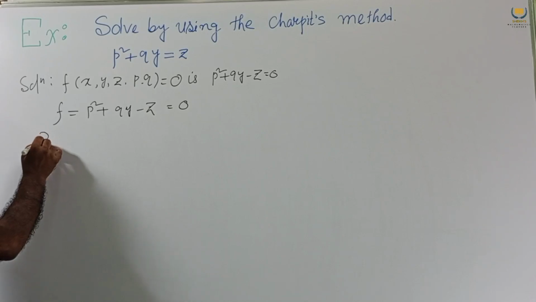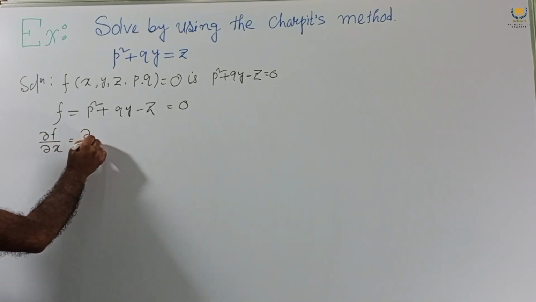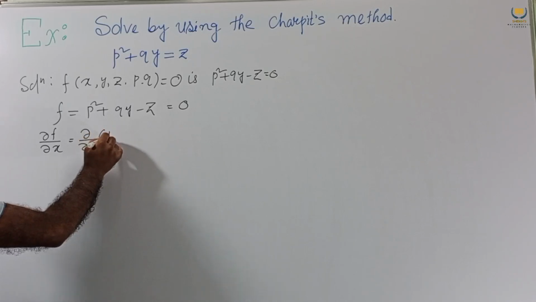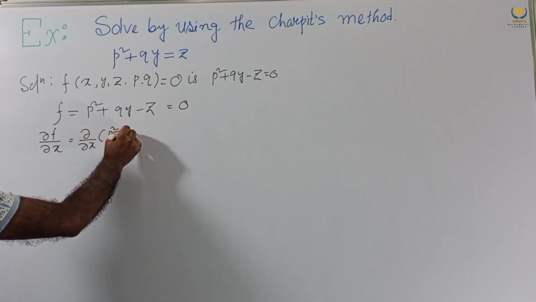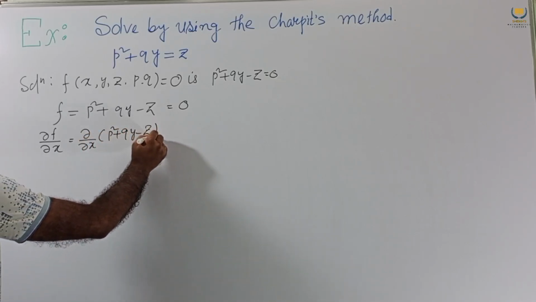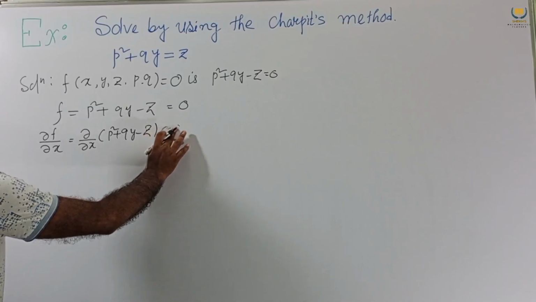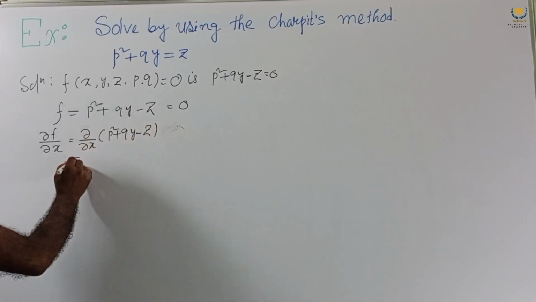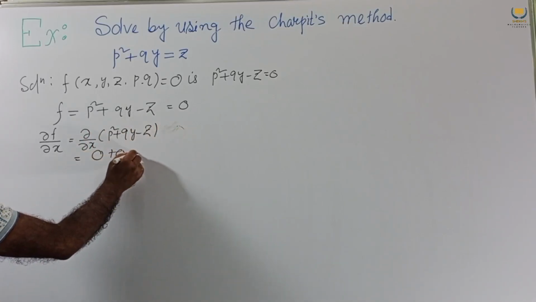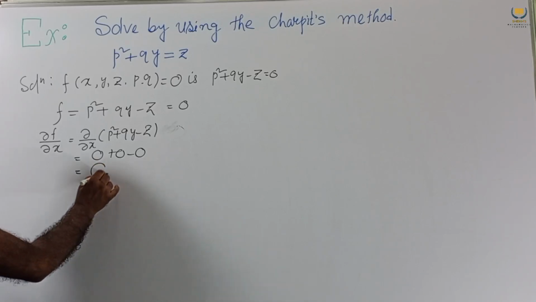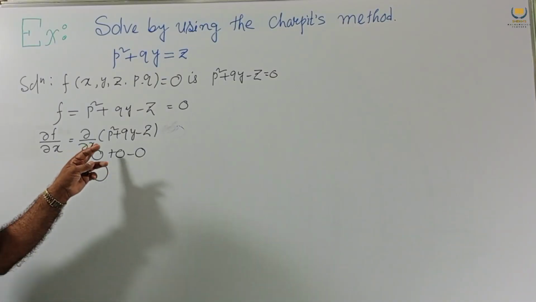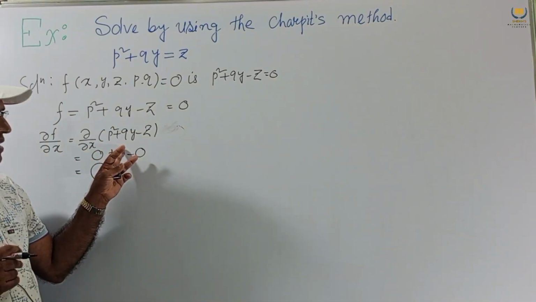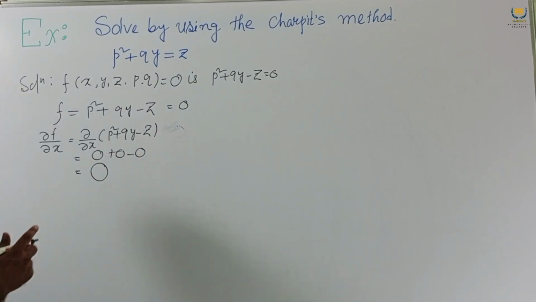First we find del f del x. Differentiating p²+qy minus z, this will be 0 plus 0 minus 0. This is 0 because we differentiate partially with respect to x, which is absent, so all of these are 0.